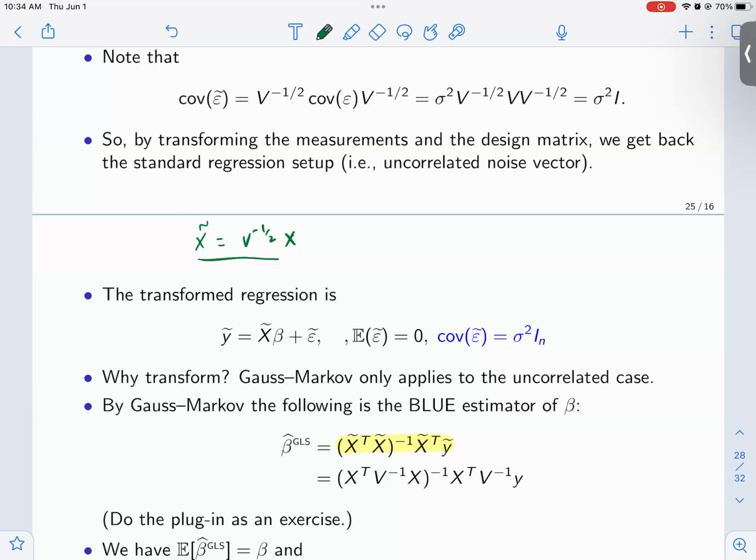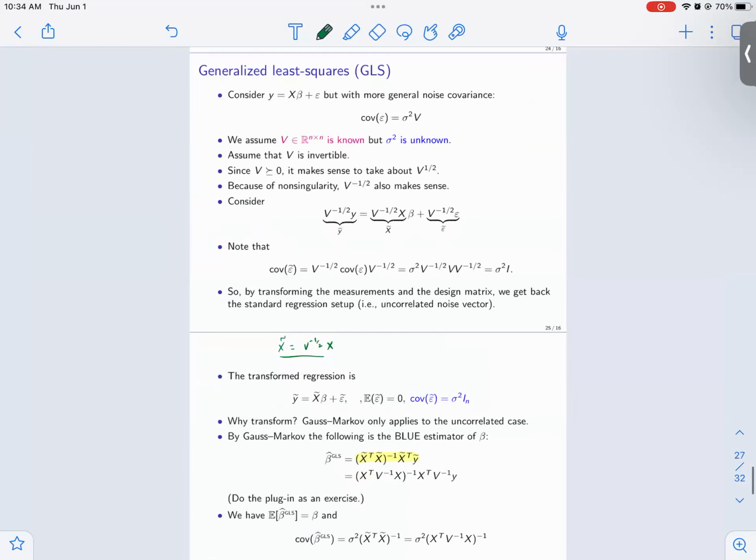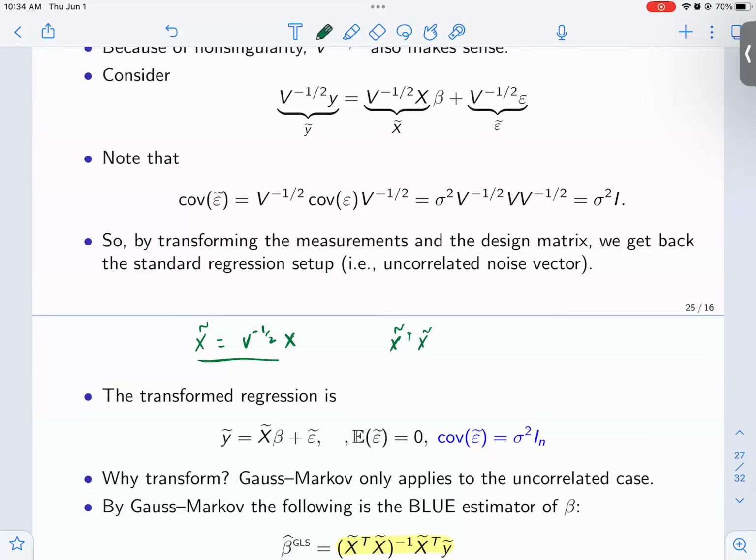So you get x transpose V negative 1/2 transpose, and V is symmetric. It's just simpler than that. So x tilde transpose x tilde would be V minus 1/2 x transpose times V minus 1/2 x. So what would happen to this? X transpose V minus 1/2 transpose V minus 1/2 x.